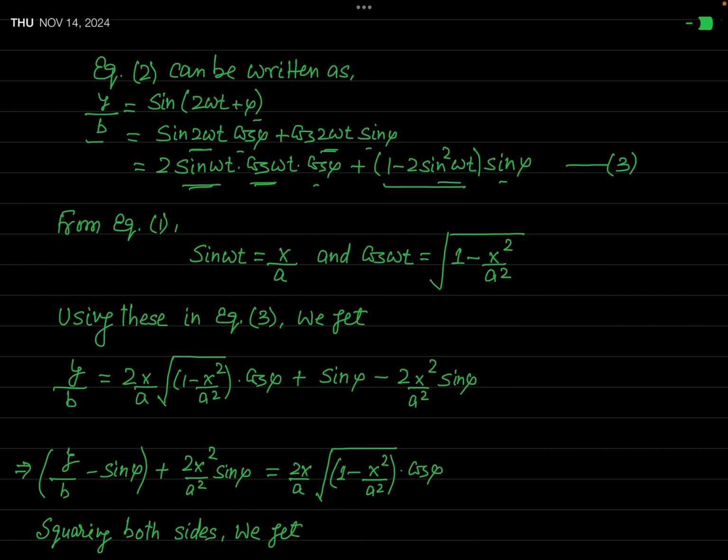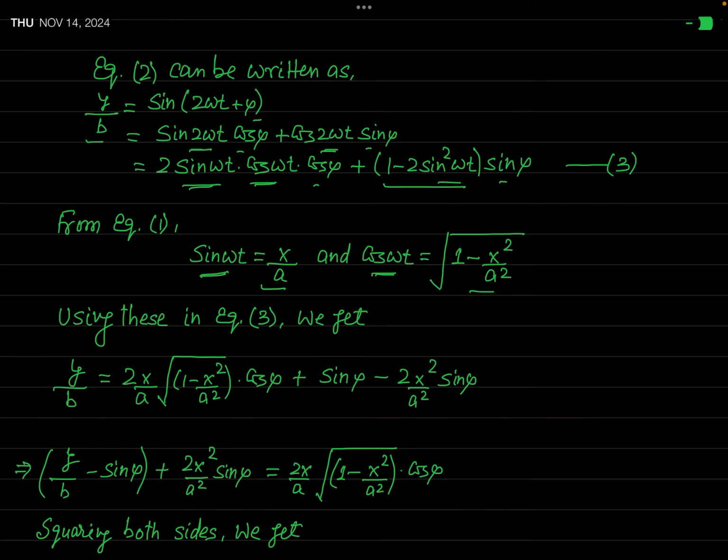You can see, since x is a sine omega t, sine omega t will be equal to x over a. And so cos omega t will be equal to the square root of 1 minus x square over a square. So you can see, I have found the value of sine omega t and cos omega t in terms of the variable x.